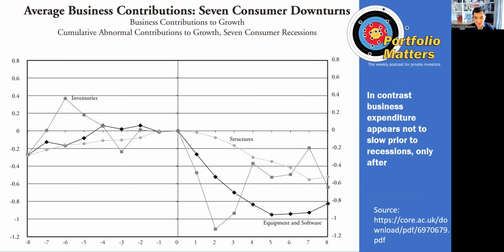In contrast, spending by businesses essentially didn't move at all prior to recessions. It moved after recessions. So business expenditure did not contribute to these recessions. Businesses reacted to recessions by cutting expenditure, which further worsened the business cycle, but they didn't cause it.